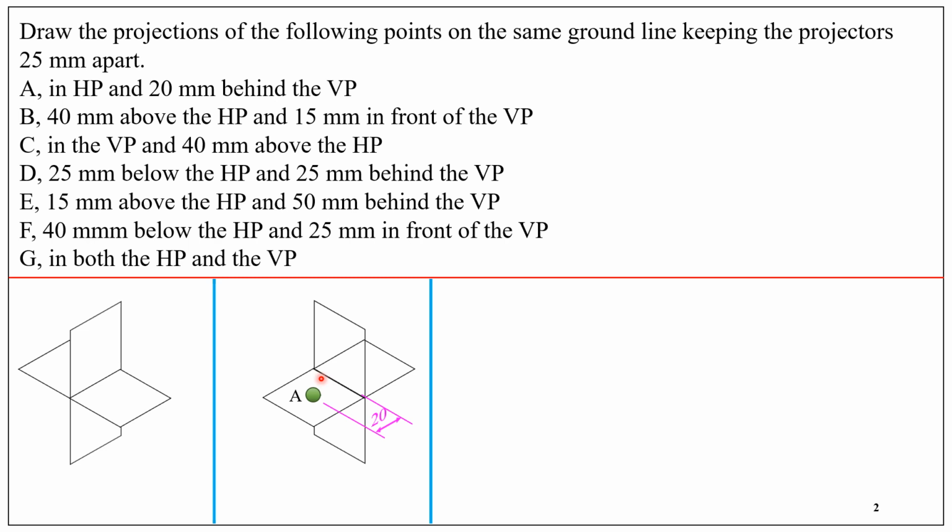In order to draw the projection of this point, that is the front view and top view, in the drawing sheet, draw XY line and assume we are drawing the front view first. At any convenient position, mark point A dash on the XY line because the object is on the HP, therefore its front view will be on the XY line.